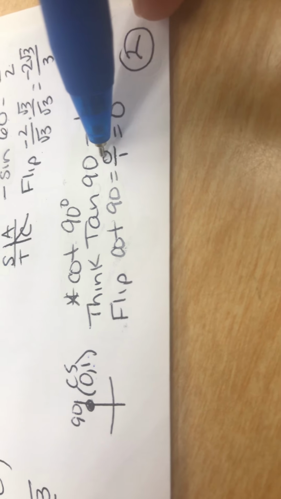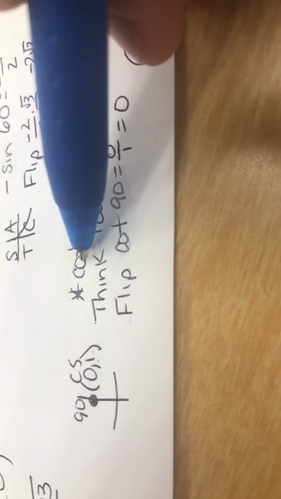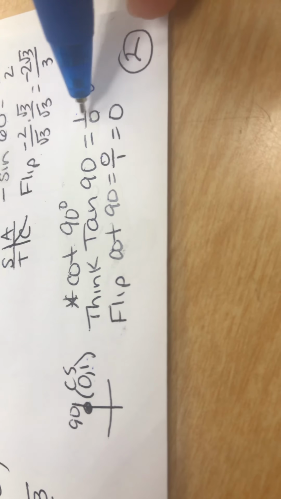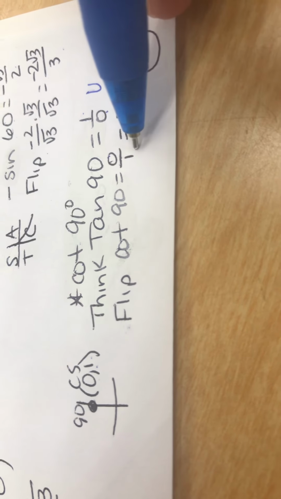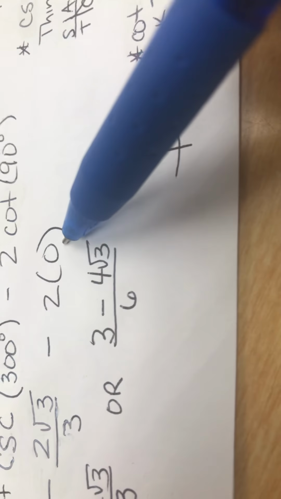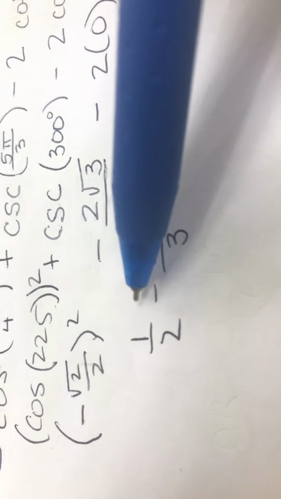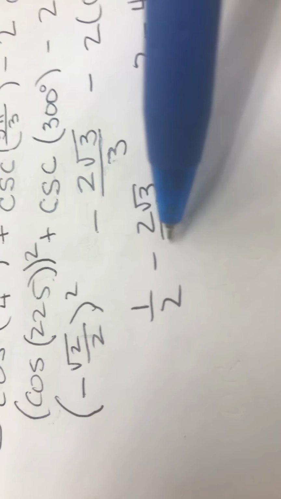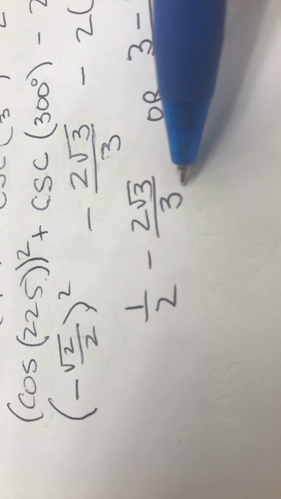I'm not asking for tan, I was asking for cotan. So do the reciprocal of 1 over 0, which is 0 over 1. So that gives me 0. So I plugged in a 0. That goes away. So it's really just adding 1/2 and a negative 2 root 3 over 3.